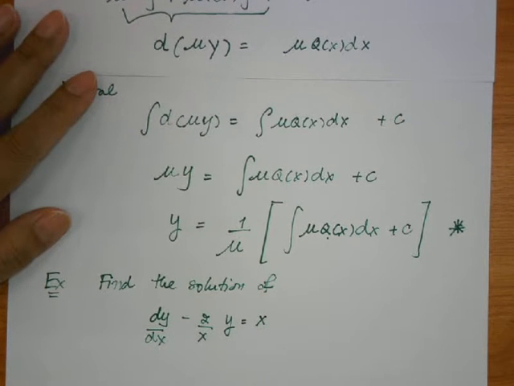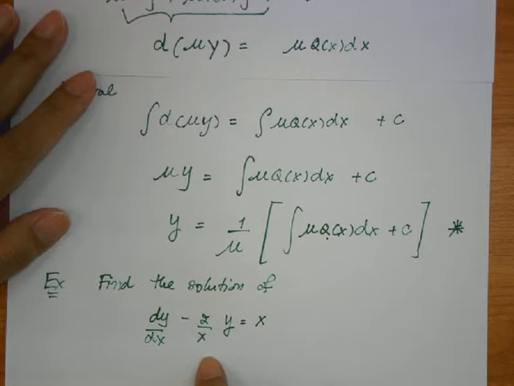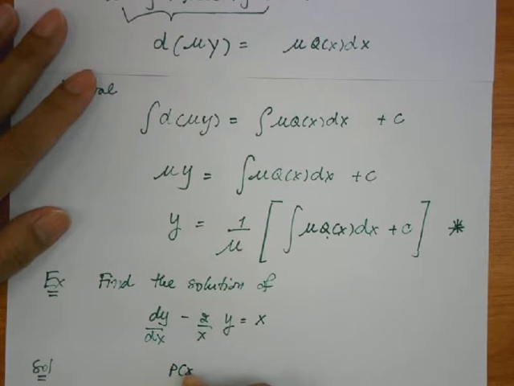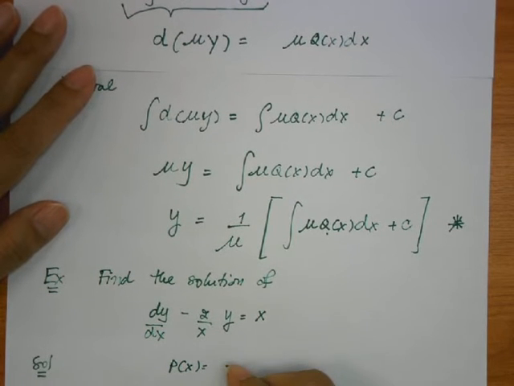So from this, what is our p(x)? Our p(x) is equal to minus 2 over x, and our q(x) is equal to x.